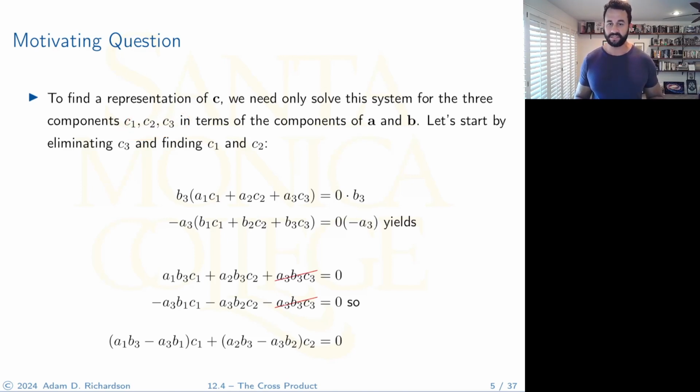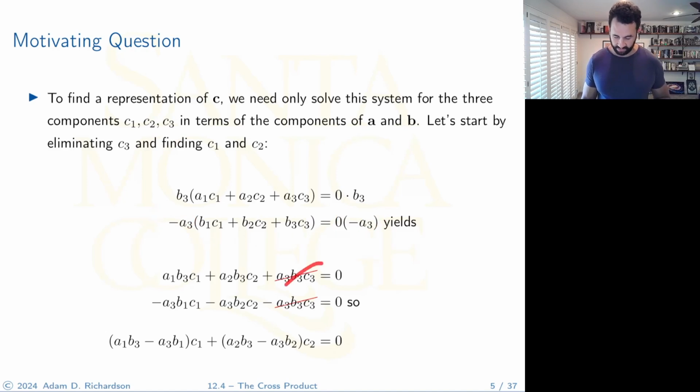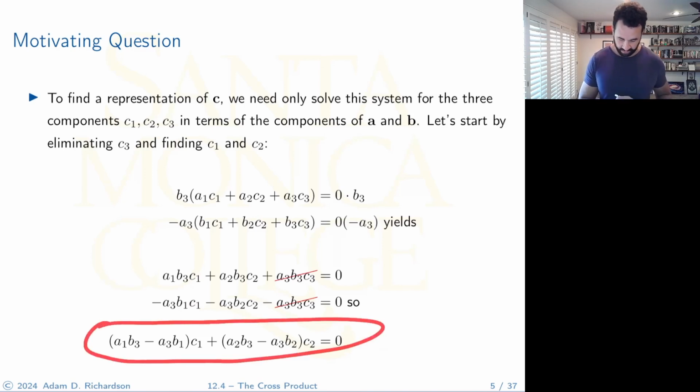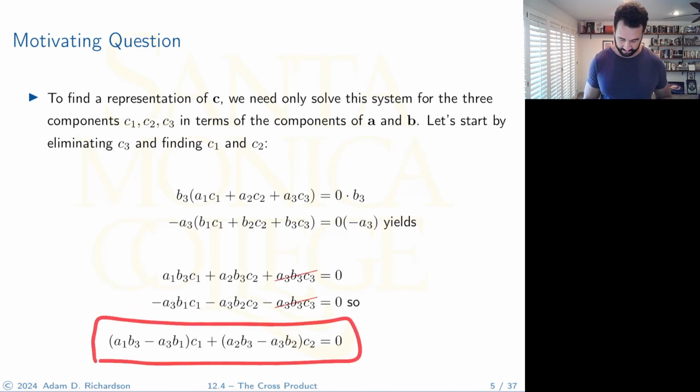So let's start by eliminating C3. We're just going to use the elimination technique for solving a system. We're going to multiply the first equation by B3 and the second equation by negative A3. Then when you add the two results, the C3 terms cancel out, and you end up with this equation down here.